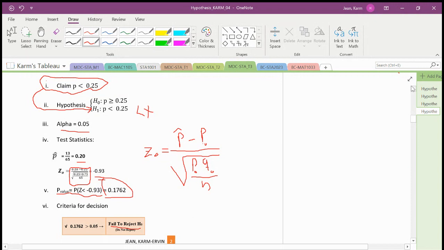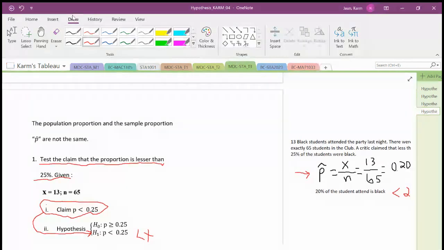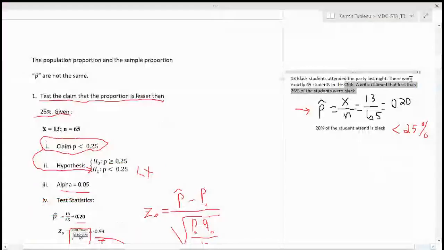So let me just go over here. That was the claim here, which was the claim that less than 25% of the students were black.